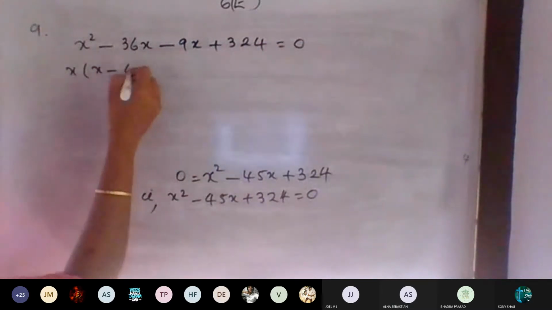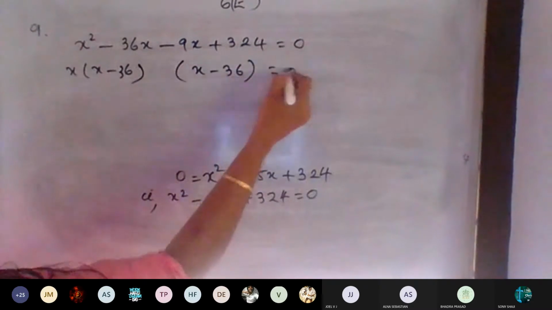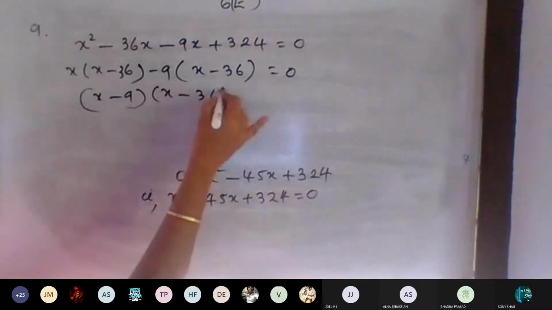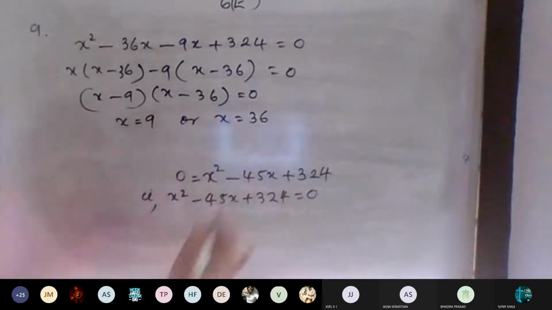So x into x minus 36, minus 9 into x minus 36. So x minus 9 into x minus 36 is equal to 0. So x is equal to 9 or x is equal to 36.